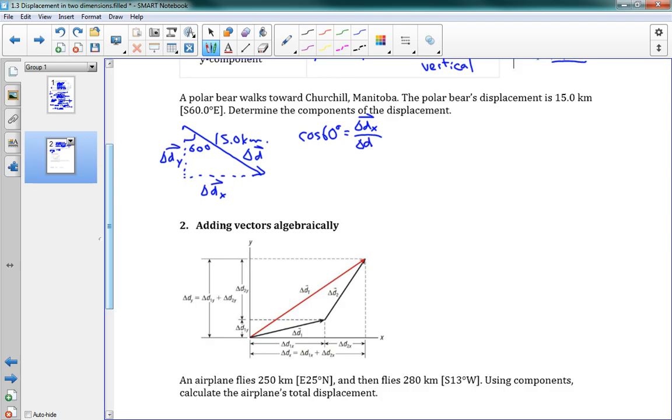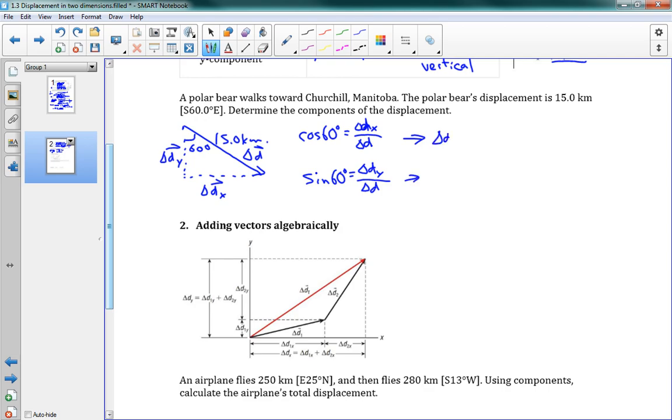And you know what, I'm just going to take out the vector arrows here because we're just talking about the magnitudes here. So displacement x and displacement. Okay, and so sine 60 degrees is equal to displacement y over the displacement.